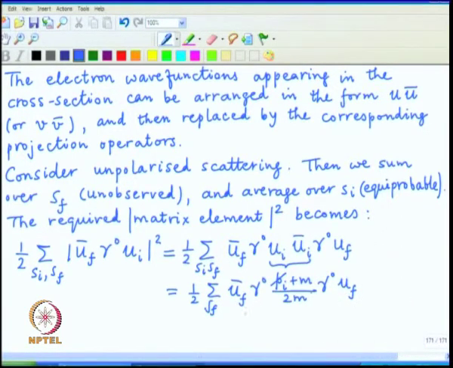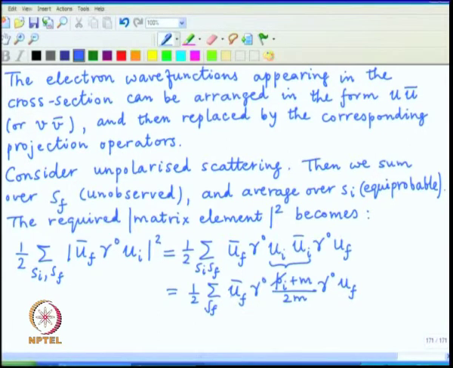Now, u bar f and uf are not next to each other in the form which we want, but we can see that if these factors are permuted in a cyclic manner, it will come into the right form, and the cyclic permutation is something which is allowed if this product of these factors is inside a trace.